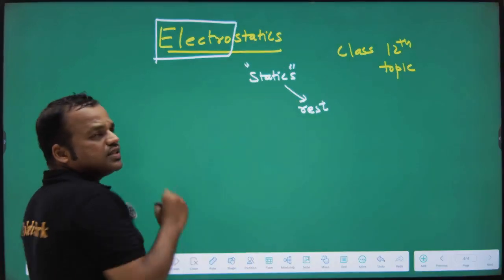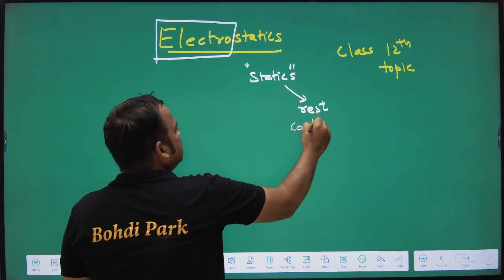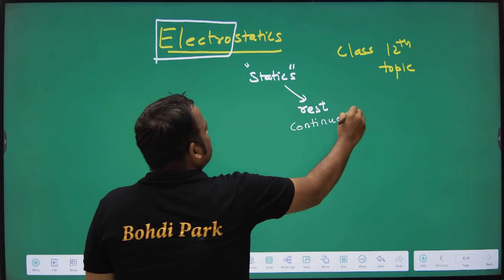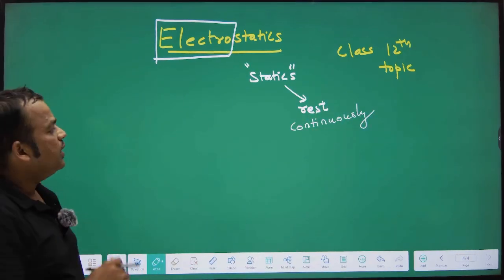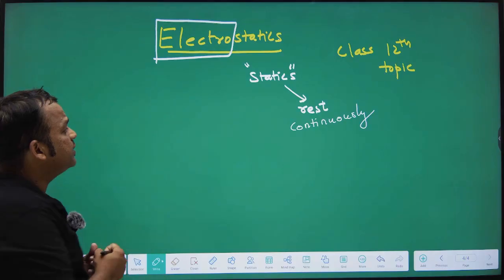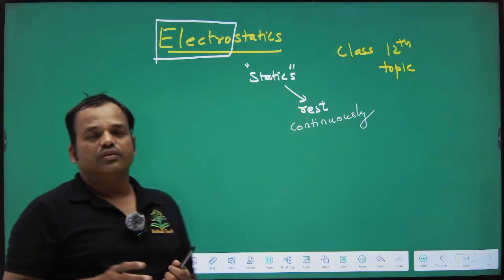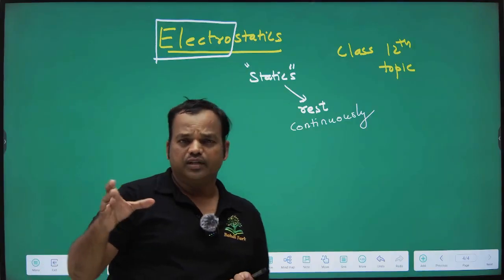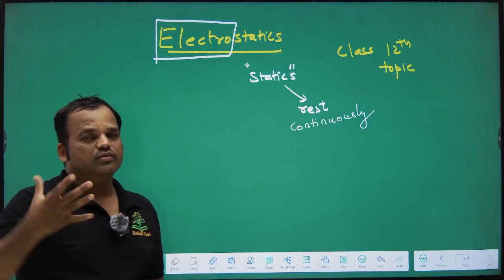So something which is at rest continuously, and you are observing it, you are studying it, why is it at rest continuously? For example, you place a cup of coffee on your table, and that cup of coffee is at rest, it is not falling down.